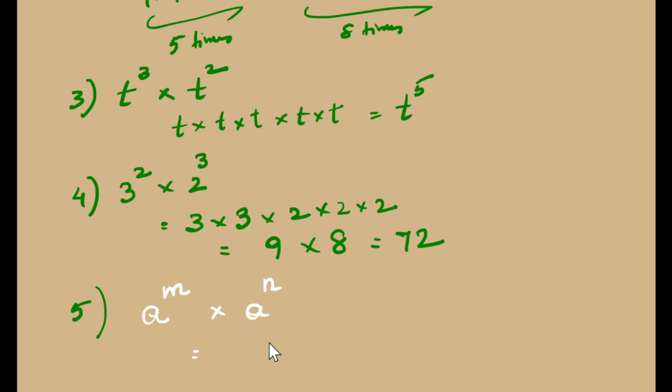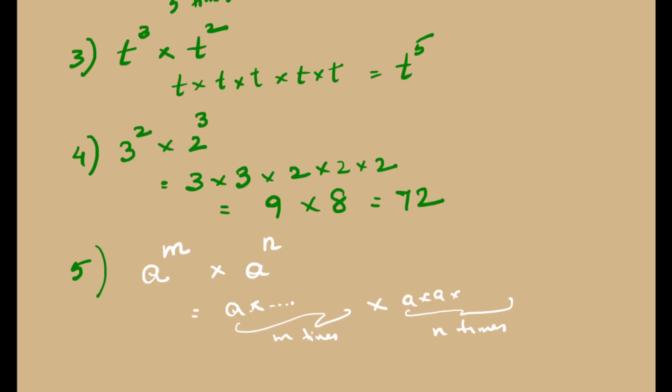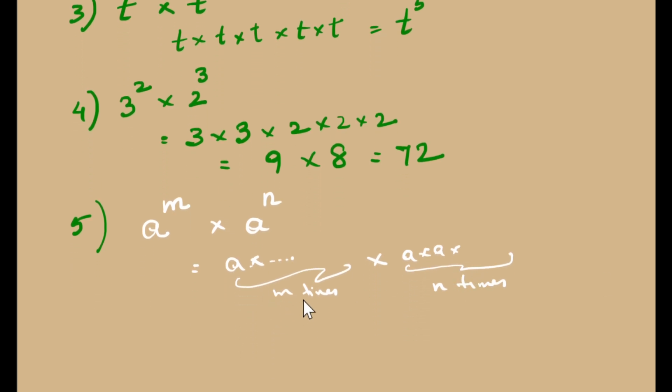We multiply a, m times first, and then that would be multiplied again by a, n times. So what would be the simplified representation? m times a is multiplied and n times a is multiplied, so totally I can write it as a raised to the power m plus n.